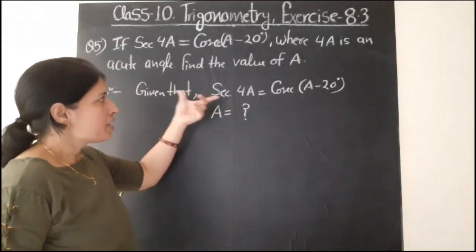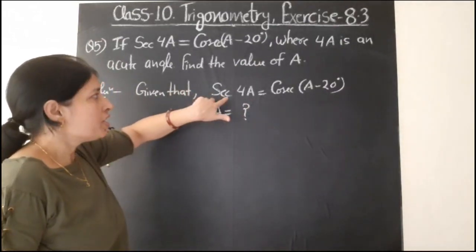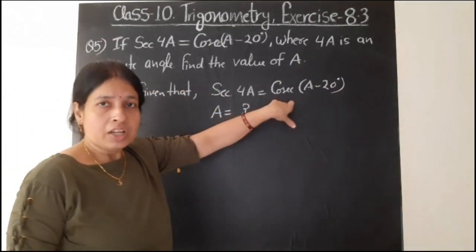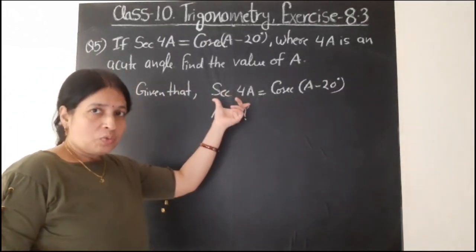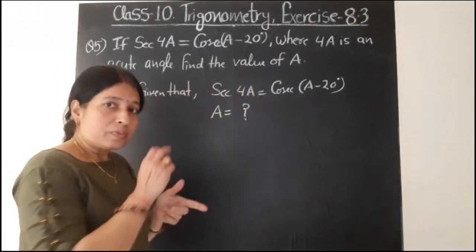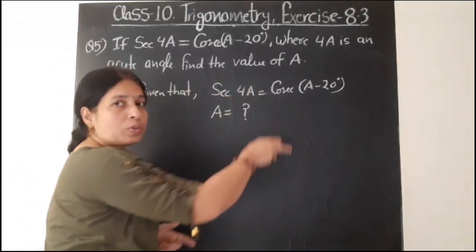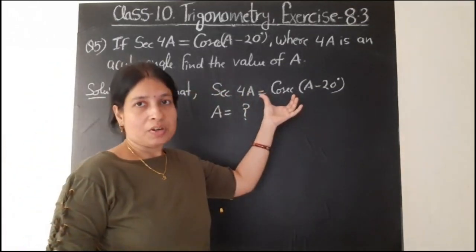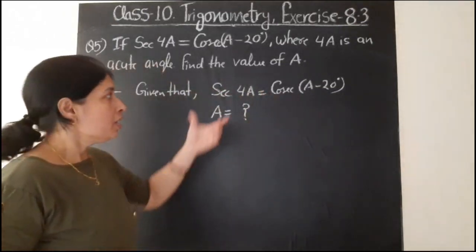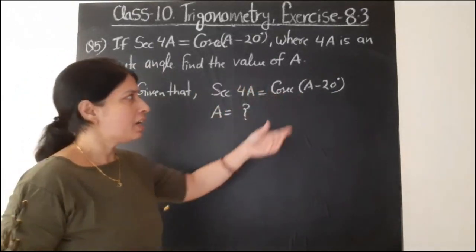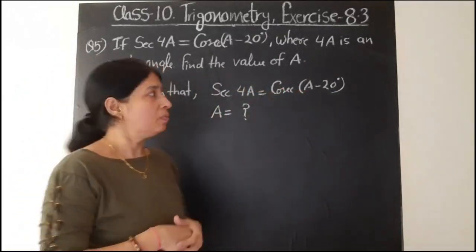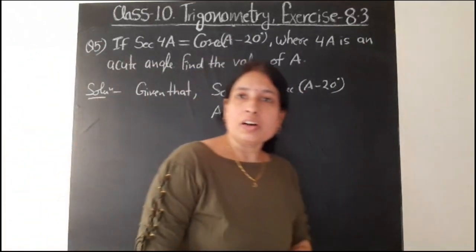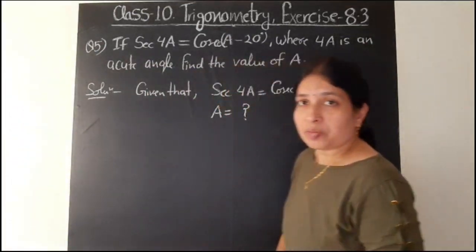So here the trigonometric ratio is given in the form of sec, and here it is given cosec. So to find this angle, both the trigonometric ratios should be in the same form, either sec form or cosec form. So first we convert this sec into cosec or this cosec into sec. So you know the trigonometric ratios of complementary angles. What is the formula for that?